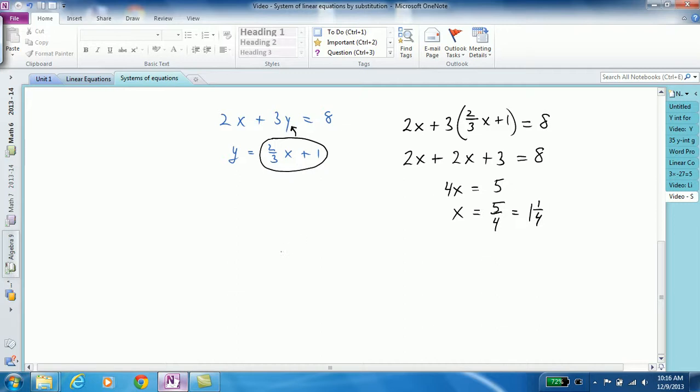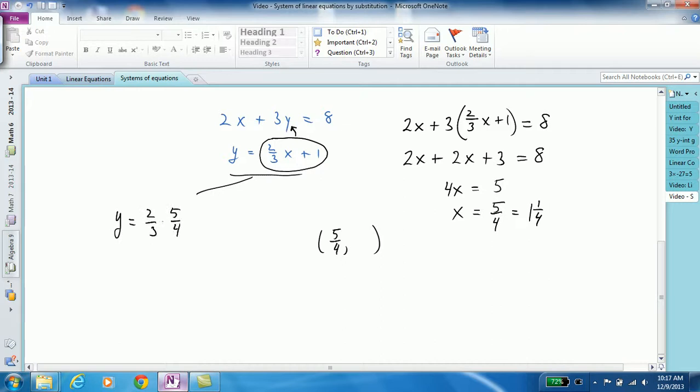So, we already know the x-coordinate is 5/4. We're looking for the y-coordinate. But this equation here tells us what y is. So if we plug it in, y is equal to 2/3 of 5/4.